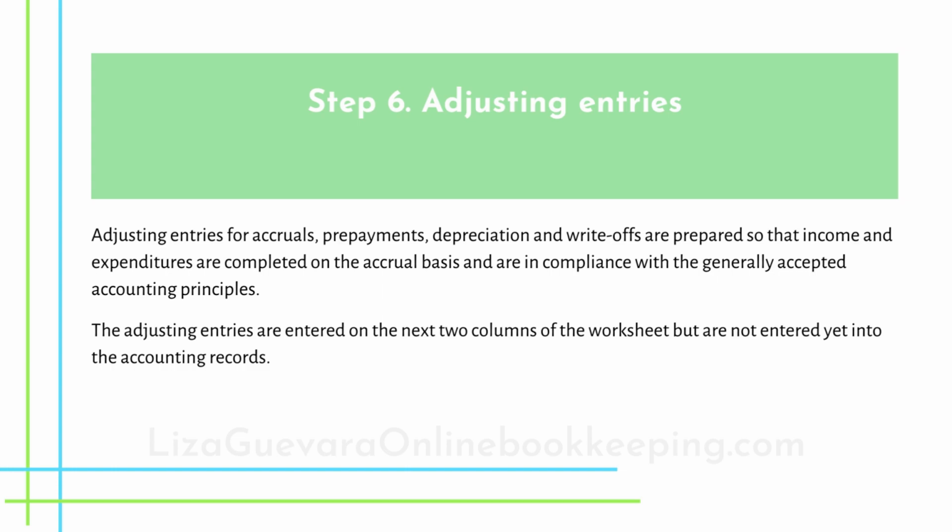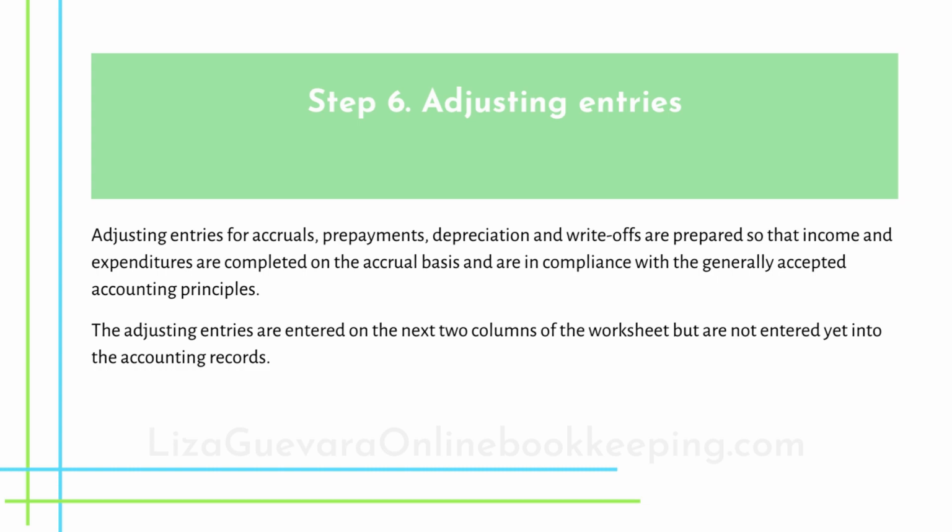An example of an adjusting journal entry is for your depreciation. For example, you bought an equipment worth $10,000 in January of this year, and it is estimated that it will have a useful life of 10 years.